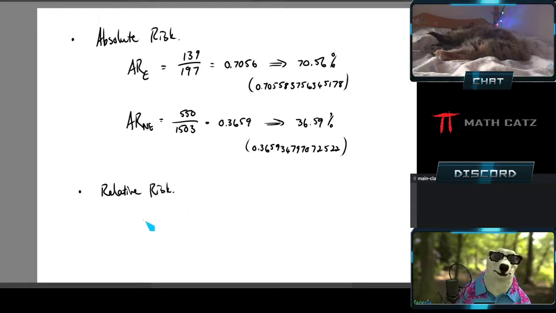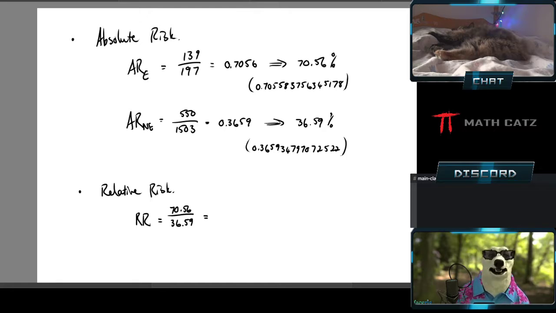Relative risk, I'll call it RR, relative risk of lung cancer in terms of the factor, is simply going to be the ratio of the percentages or the decimal versions. If you take decimals, just make sure they're both the same. Now I write the rounded versions here, but we want to calculate using the most accurate versions we have, tedious as it is. I'm going to have to type in all these decimals. Let's do it.